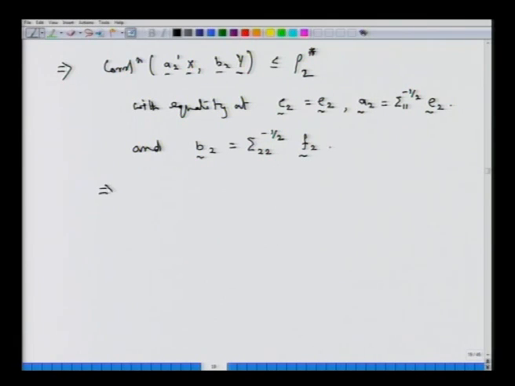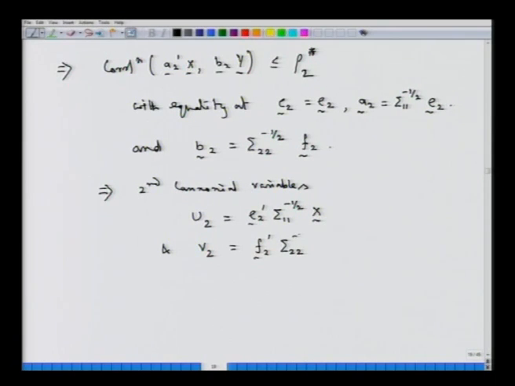So, this will imply that the second canonical variable pair is going to be given by U2 equal to E2 prime sigma 11 to the power minus half times the x vector, and the V2 vector equal to F2 prime sigma 22 to the power minus half times the y vector.